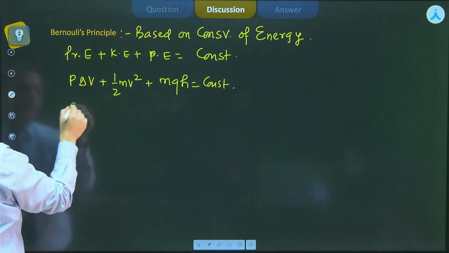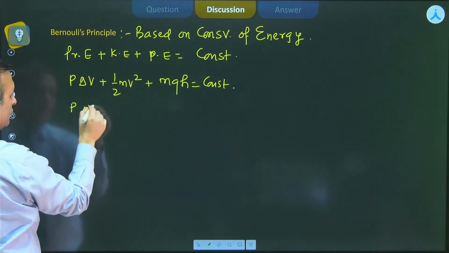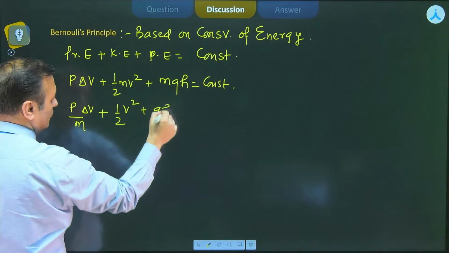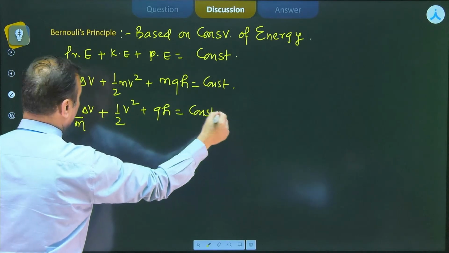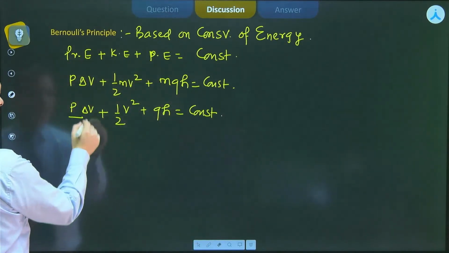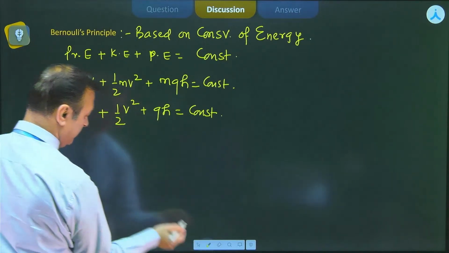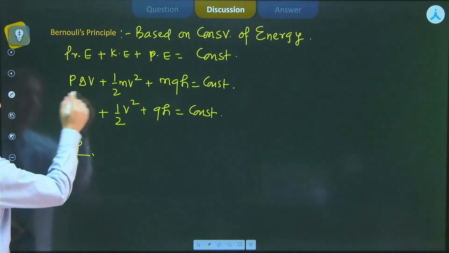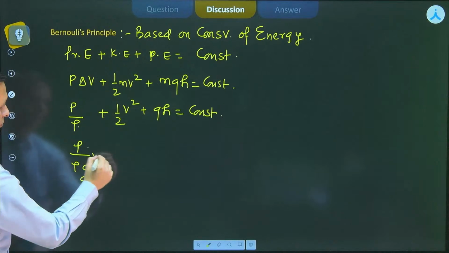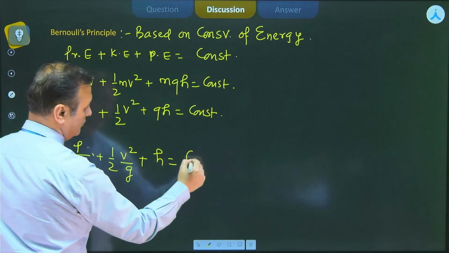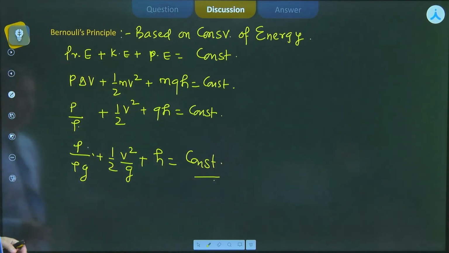Now when you say potential energy per unit mass, sorry, this is rather total energy per unit mass. So mass per unit volume becomes density. So we can write down here density also and per unit weight. So this total energy of the fluid, that is for ideal fluid, remains constant.